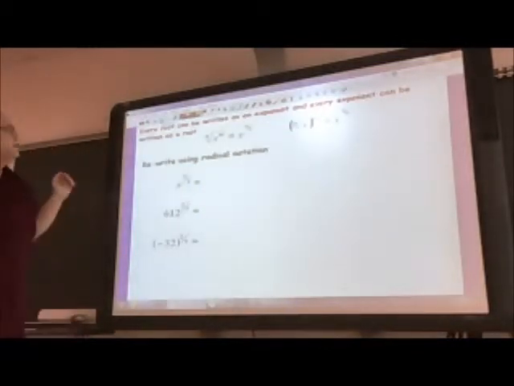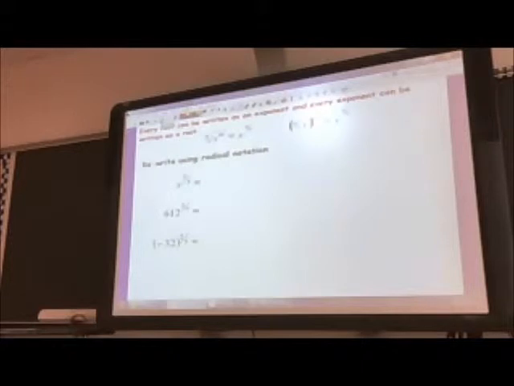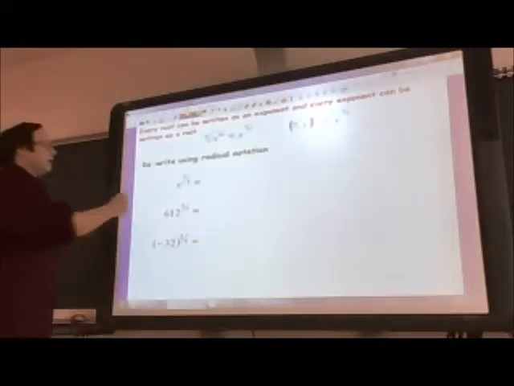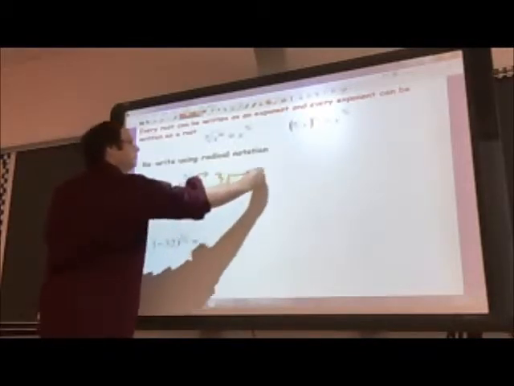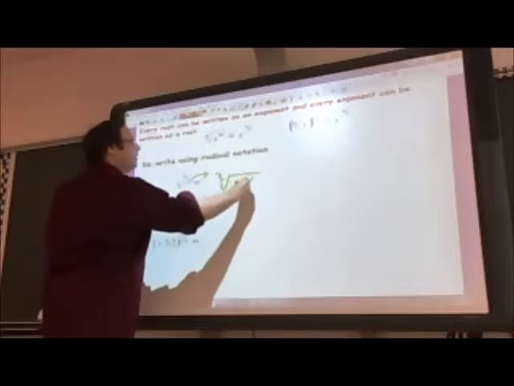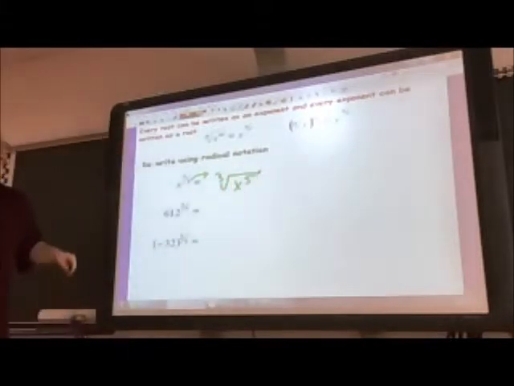Okay. So, again, this sort of thing also works in reverse. So if we have x to the 5/3, we're going to take that 3 and put it here, and we're going to take that x to the 5th and put it in there.